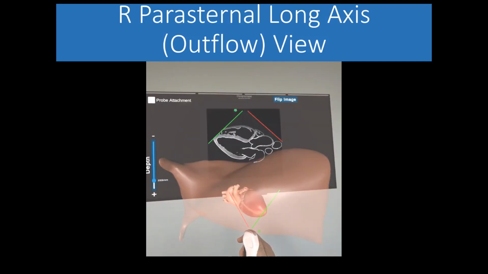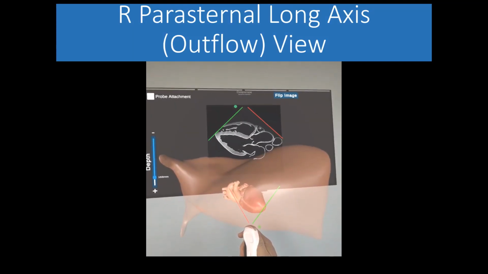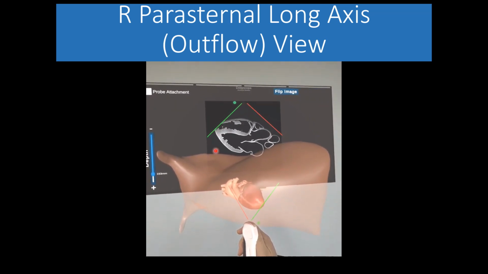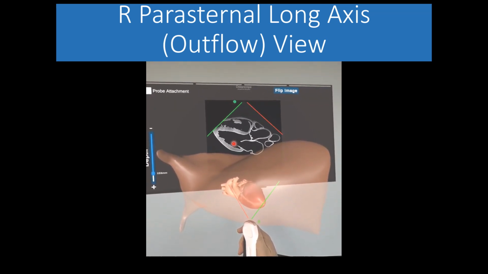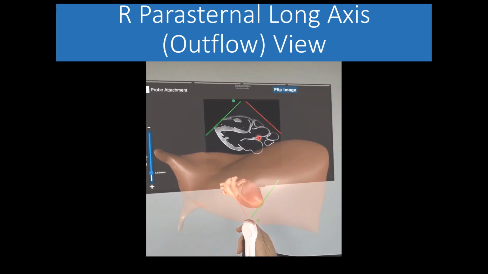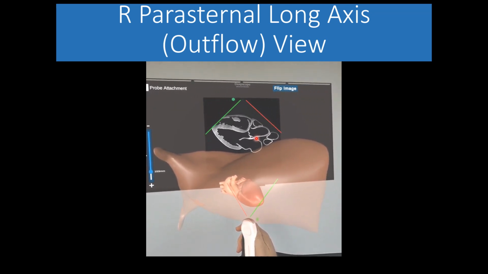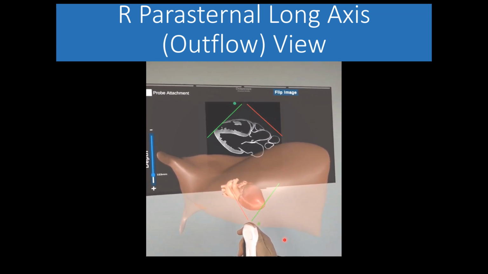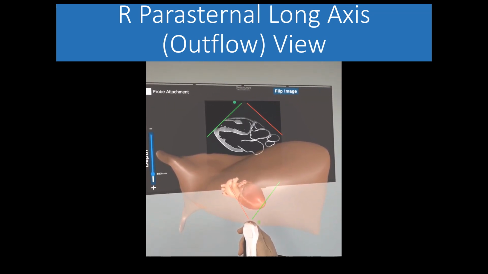And what you can see when you optimize this left ventricular outflow view, what you're optimizing is the left ventricle, the left ventricular outflow tract, the aortic valve, and the aortic outflow, or the main part of the aorta.